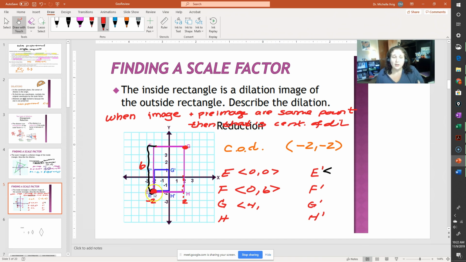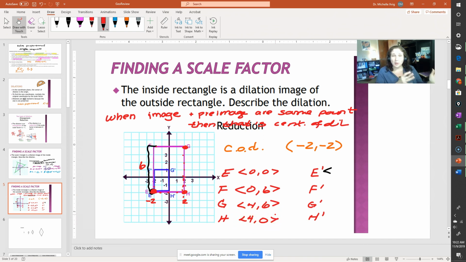So if I say go 4 to the right, now I need to tell them to go 6 up, and that's the way they would go. For H, all they need to do is go 4 to the right, 1, 2, 3, 4, but then they're already at H. They don't have to go up and down at all. So this would be 4, 0.